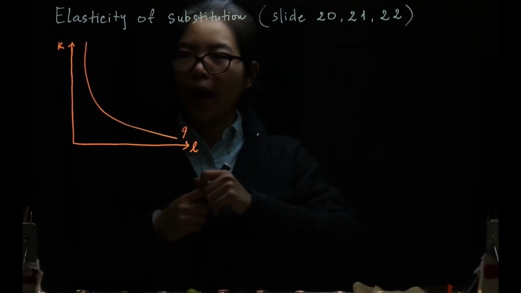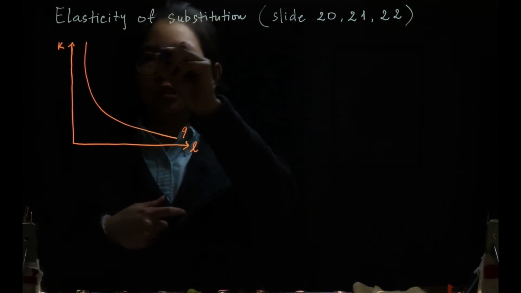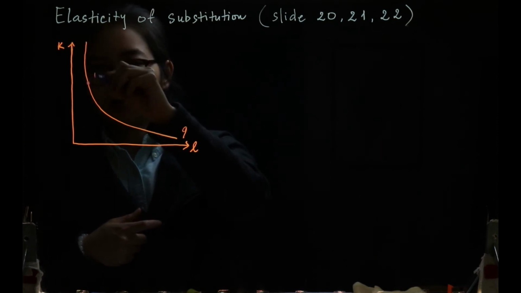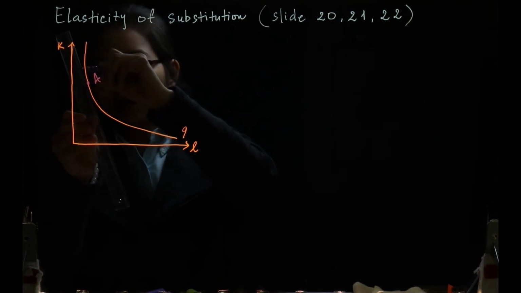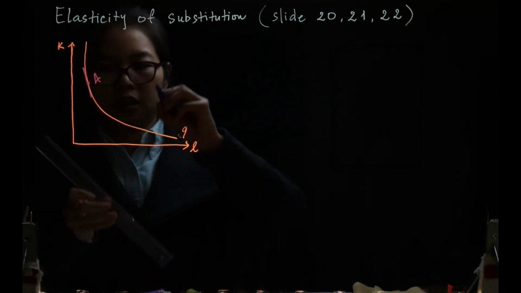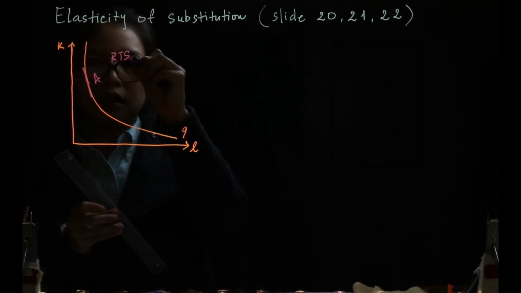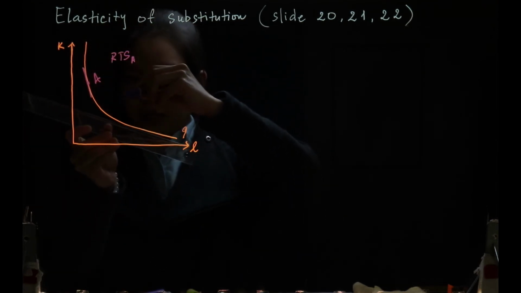Okay, I show you why the sigma is larger than 0. Now imagine we are from this point, point A, and the slope of the isoquant at this point is RTS A. We're talking about RTS L for K, right?